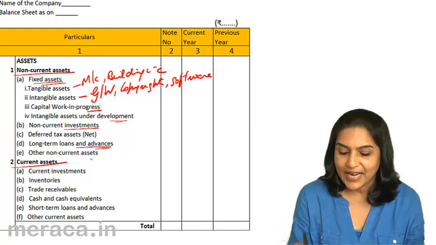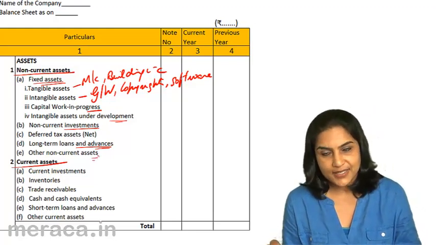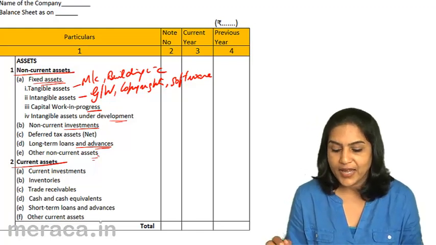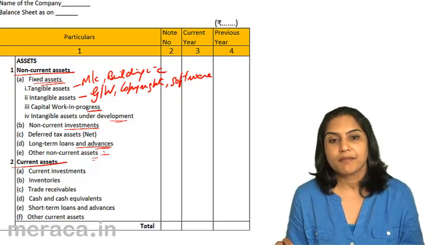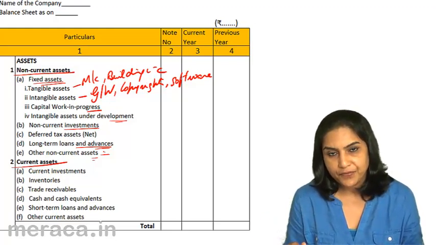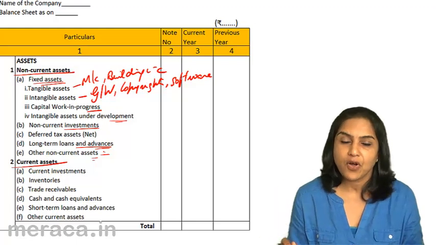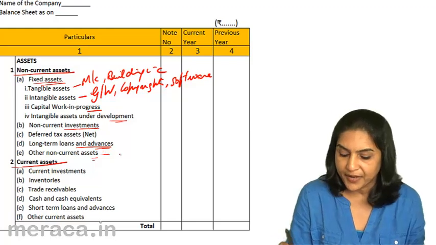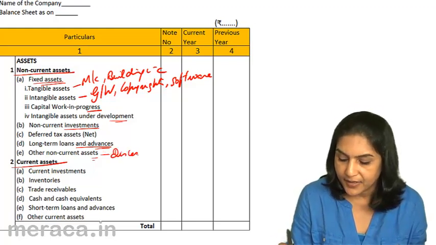If there are any other non-current assets, one example here would be a discount on issue of shares, which is to be written off after a year. That would come under other non-current assets.